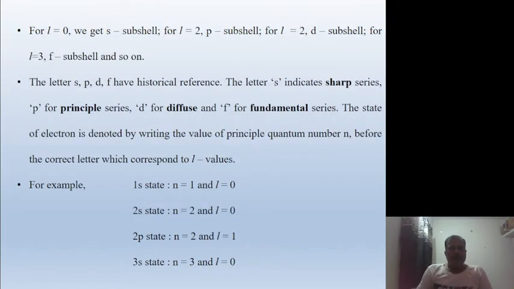For l is equal to 0, we get the s subshell. For l is equal to 1, we get the p subshell. For l is equal to 2, we get the d subshell.